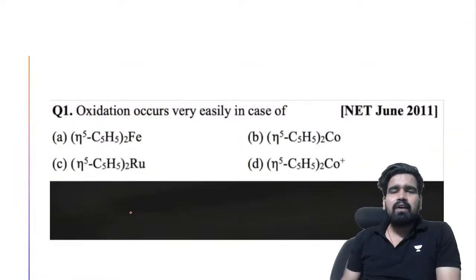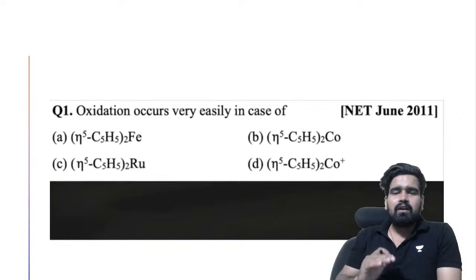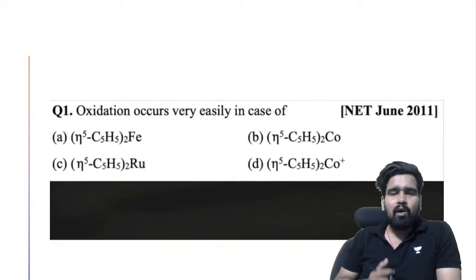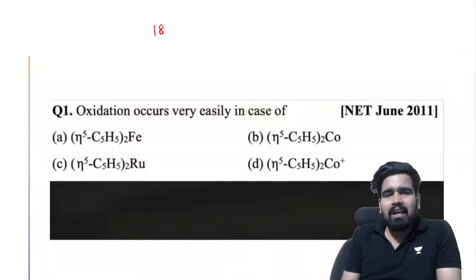Oxidation occurs very easily in which of these four different complexes? You have to tell which one gives the oxidation process very easily. You must know that 18 electron complexes are very stable in nature.